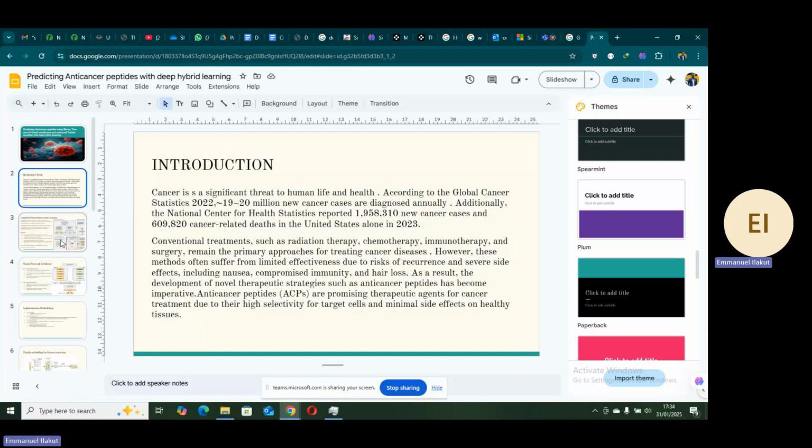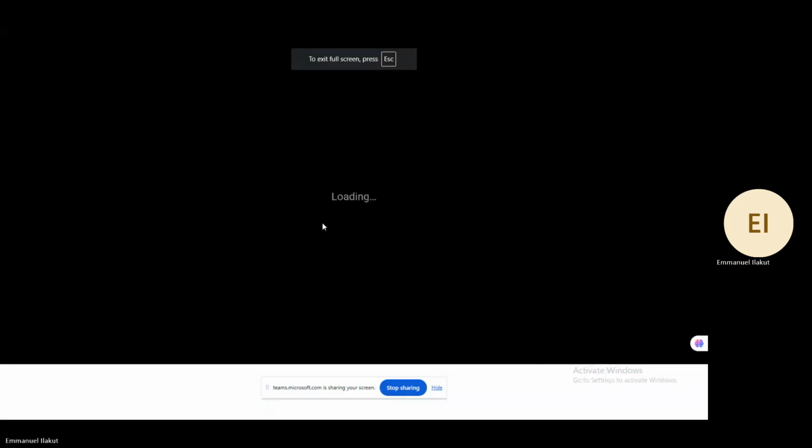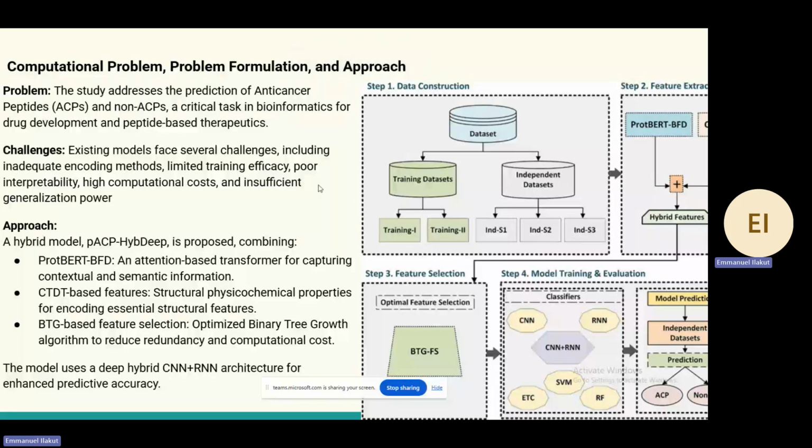Kindly just allow me. There are some challenges that existing models used to try and predict these anti-cancer peptides have. Number one is inadequate encoding methods.